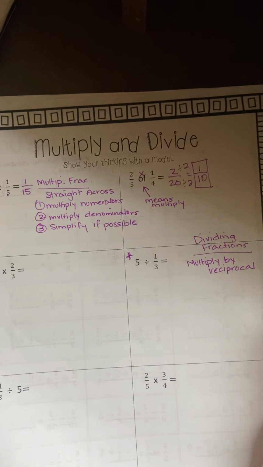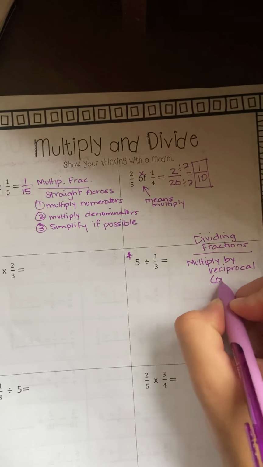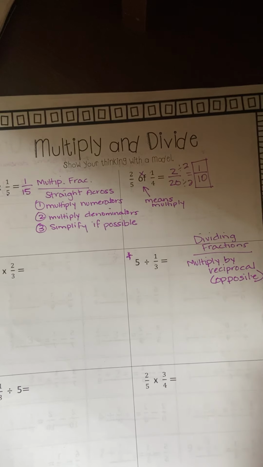And remember, we said the reciprocal is kind of just like a fancy word for the opposite. And some of you kind of remembered the steps with the little saying, keep, change, flip. Okay, so let's take a look at that.